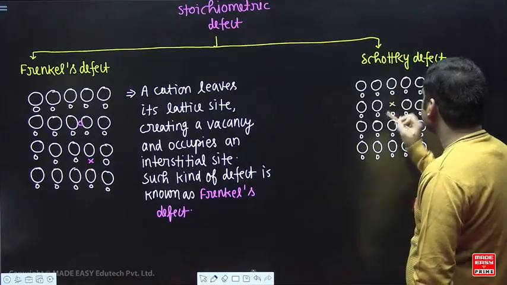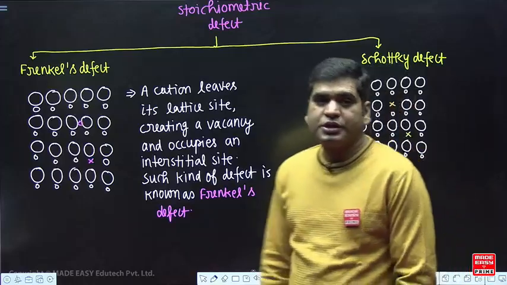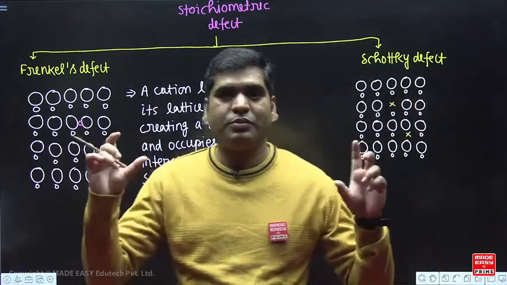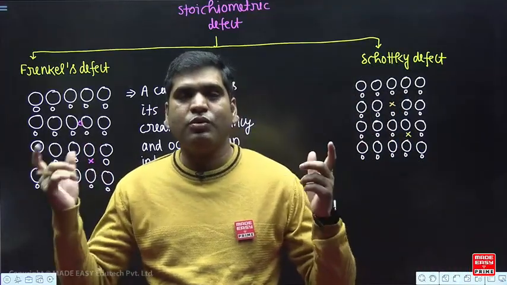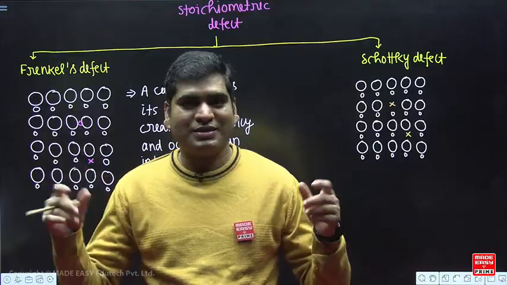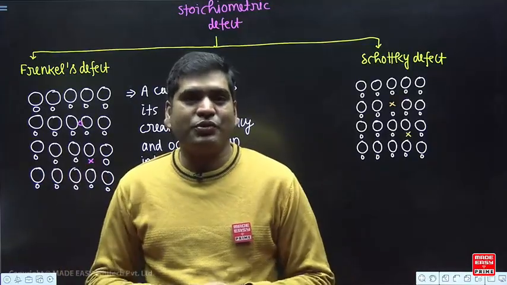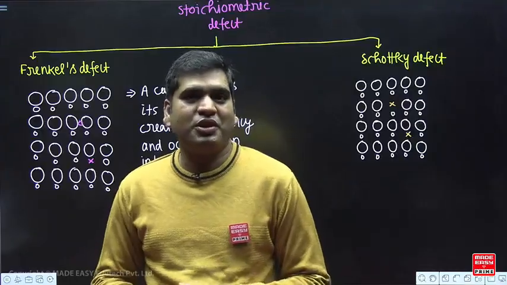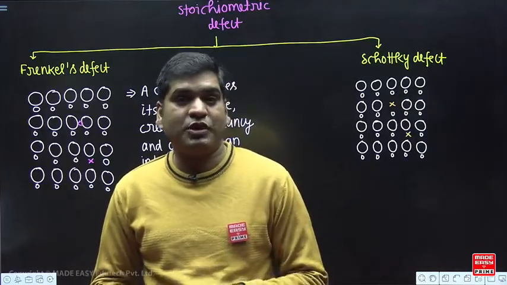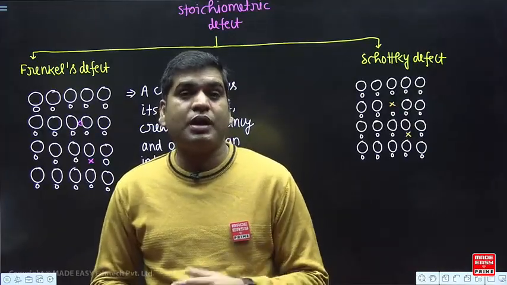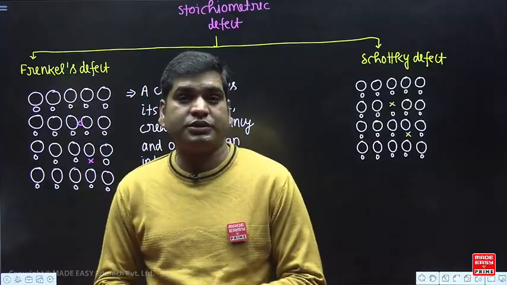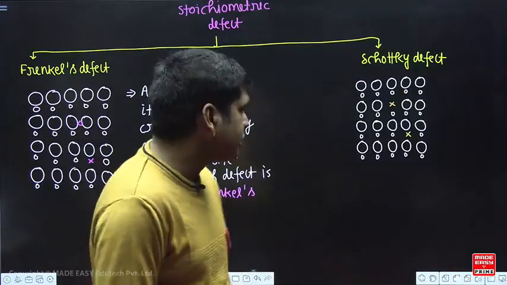Vacancy defects are formed, but the overall ratio remains the same. Earlier there were 100 and 100; now 99 and 99. So you have the same ratio of cation to anion. It means stoichiometry is maintained, but a vacancy defect has been formed. Such vacancies, where a pair of cation and anion is missing from the crystal, are known as Schottky defect.